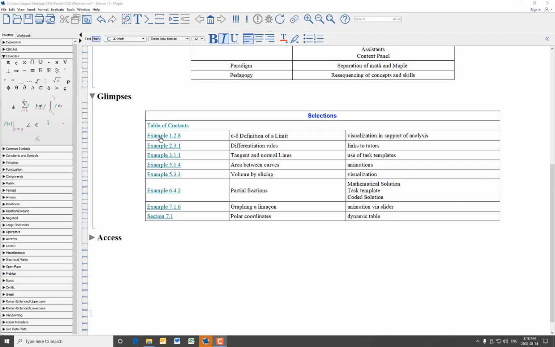For this first example, I'm going to pick the one that deals with what I think is the most difficult topic in calculus of a single variable, and that's the epsilon-delta definition of a limit. Most books put this at the beginning of the course. I think it's a pretty steep hill to climb before the students can get to the mesa, the flat plains of the calculus, which I think is far easier than grappling with this concept.